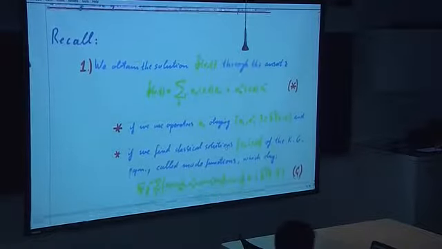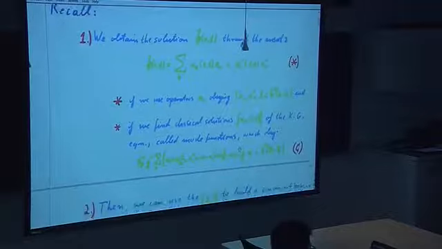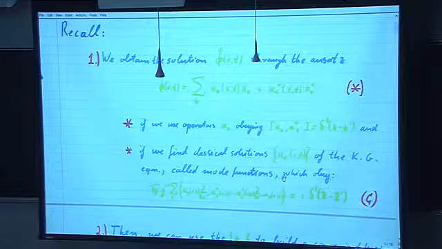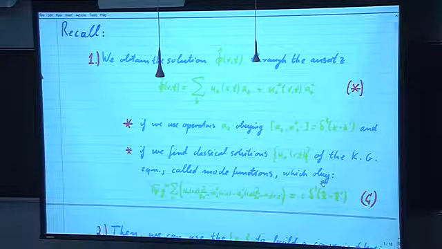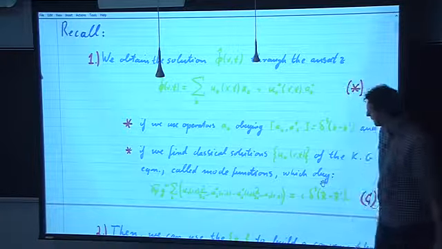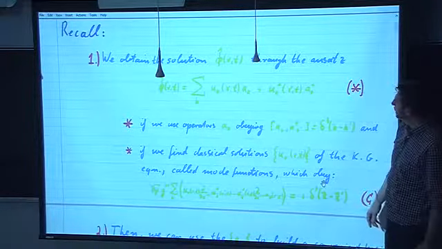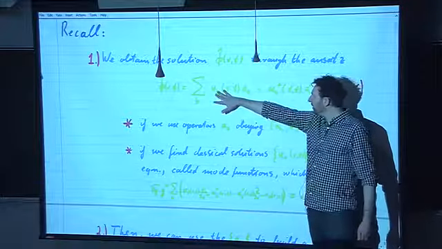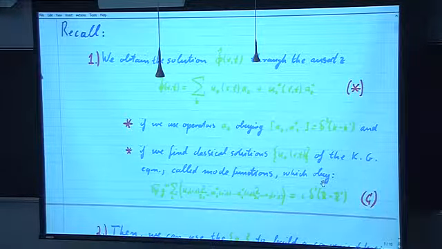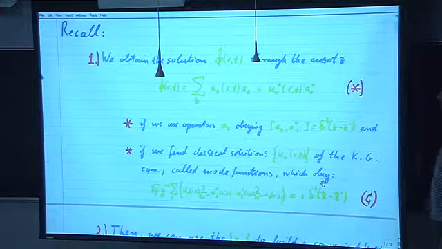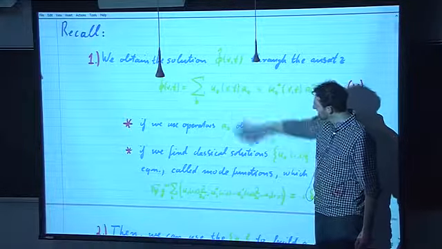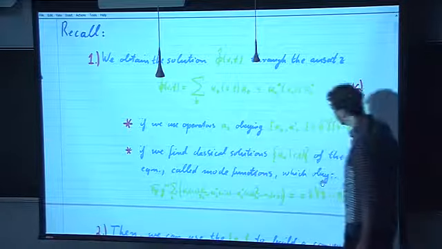Remember also that we use here the usual commutation relations between the A and A dagger. And our general formalism tells us that the key difficulty will be to find mode functions u_k of x and t, which are not only solutions to the Klein-Gordon equation, that's a given that they have to be, but also they must be normalized in the sense that they obey this so-called Wronskian condition.